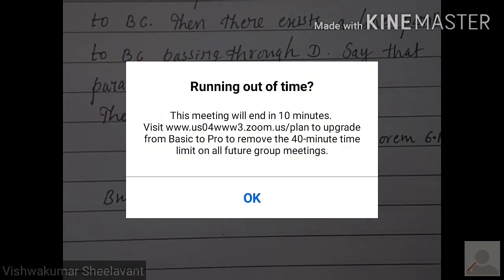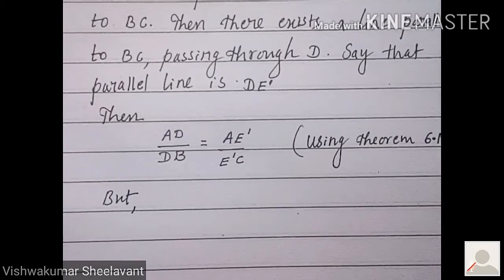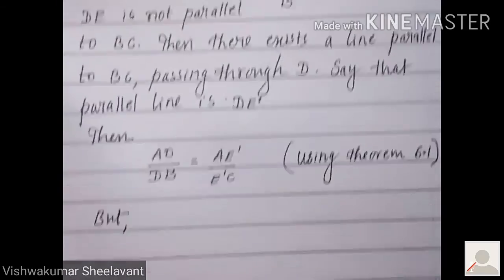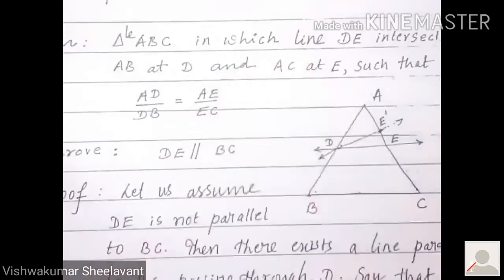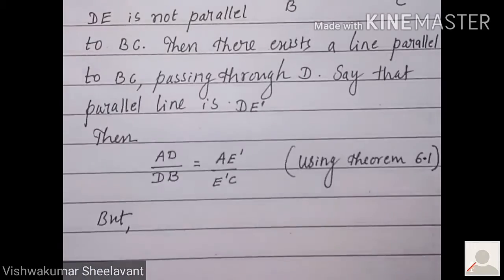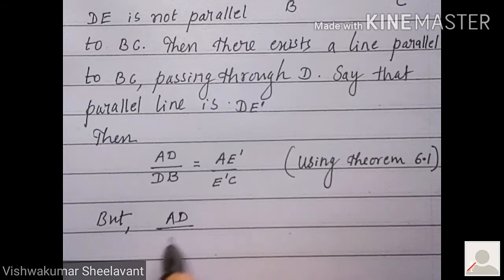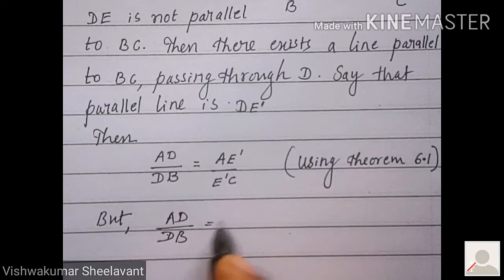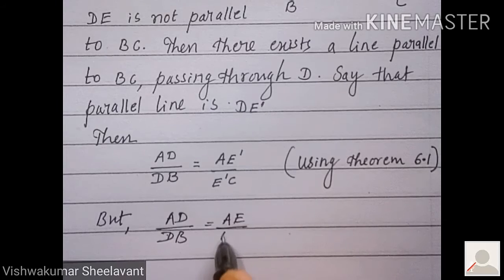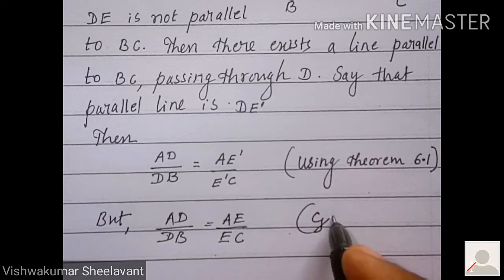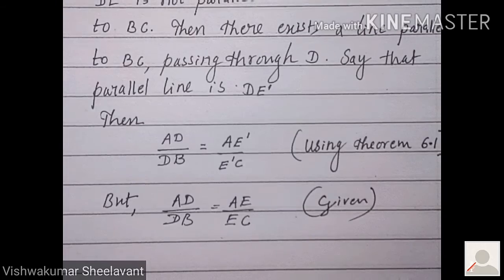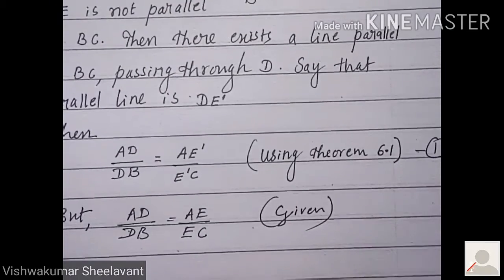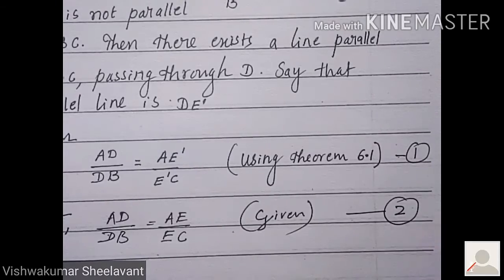But what is given to us? You look at the given now. AD by DB is equal to AE by EC. They have given that. We will write AD by DB equal to AE by EC. It is given. Now call this as 1 and this as 2.